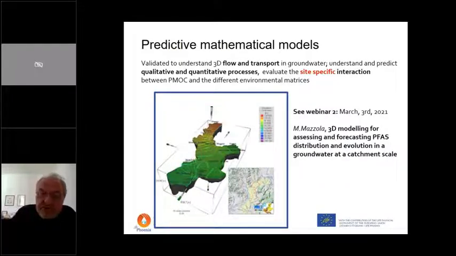This predictive model will be presented at the next webinar on the 3rd of March by colleague Mazzola from ARPAV, the regional agency that developed it. So I invite you, if you are interested, to be present.